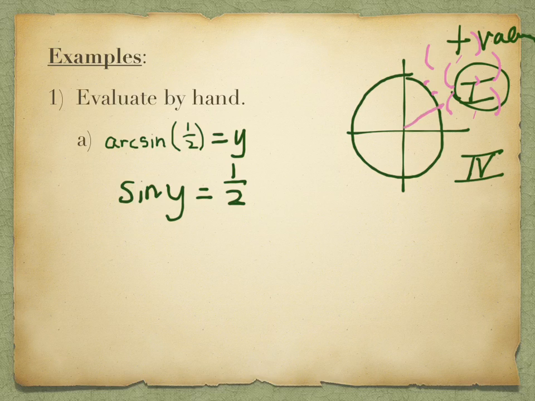It's this one right here, the very first one. This has the 1/2 here. If we had cosine in this problem, though, then that would be the pi over 3 value, right? So the answer here is pi over 6, because what we're looking for is the angle measure that makes this happen. That's what arc functions do, they're the angle measure that makes this sine value happen. So we get pi over 6 for this one.